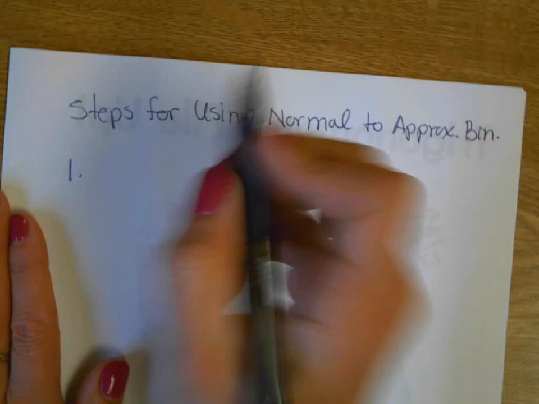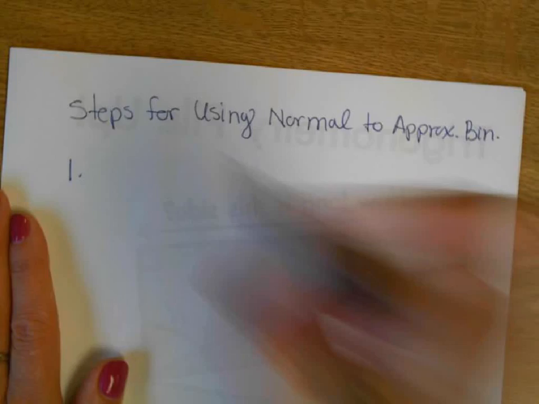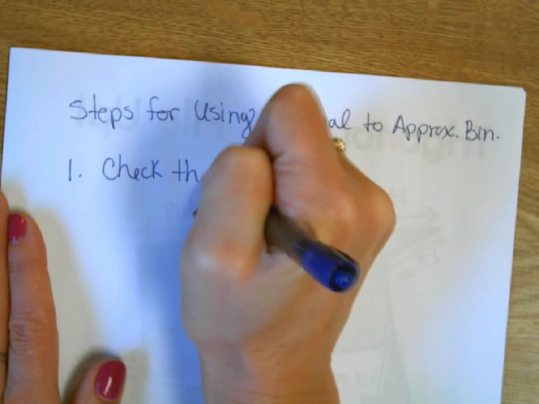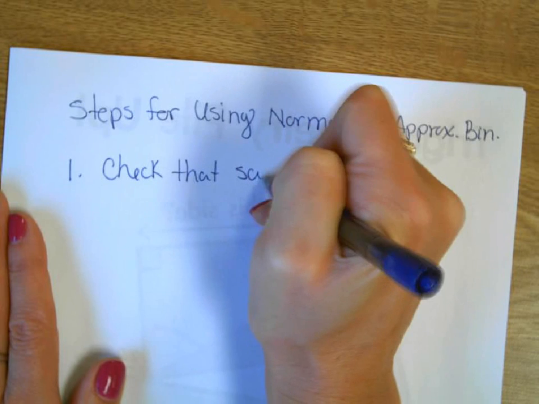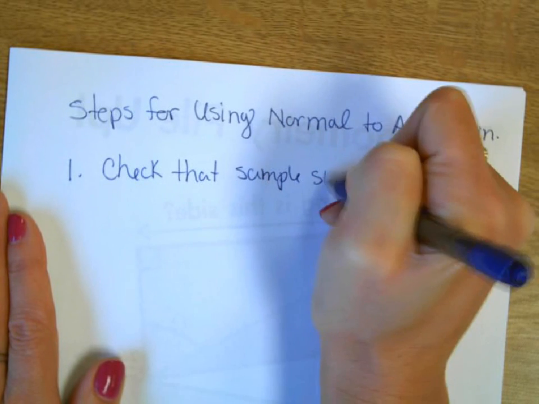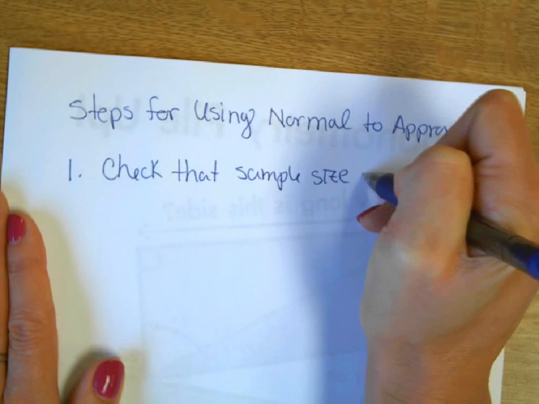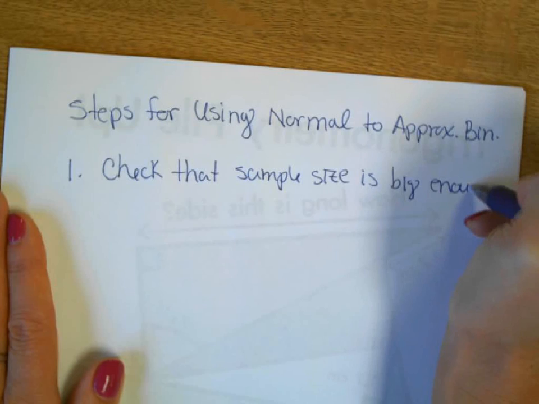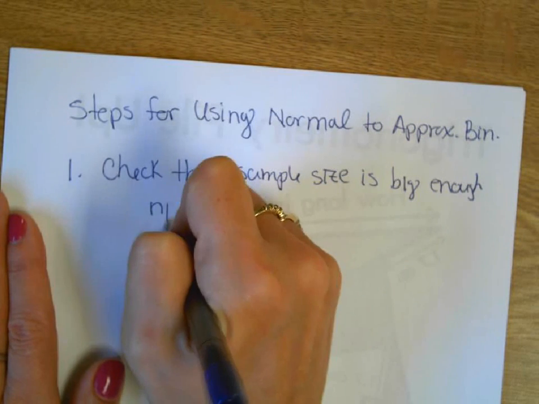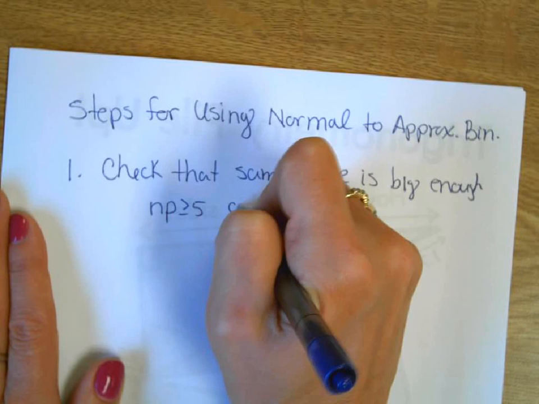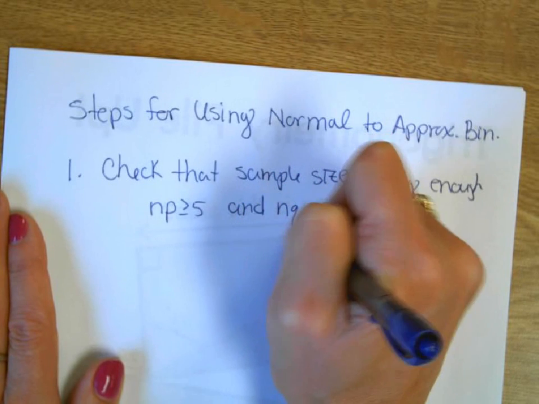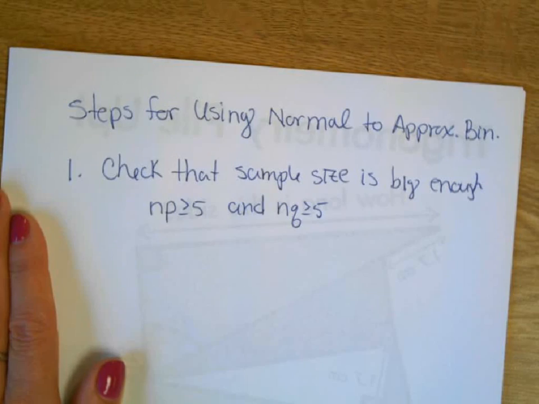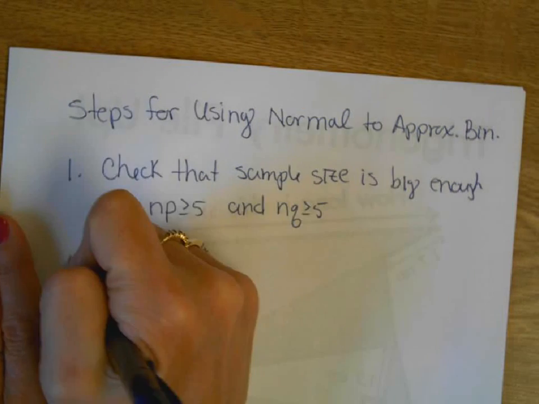The first thing you want to do is check that the sample size is big enough. And I told you how to do that already. That's n times p has to be greater than or equal to 5, and n times q has to be greater than or equal to 5. If not, then you have to go back and use your binomial formula. If they are big enough, you continue on.